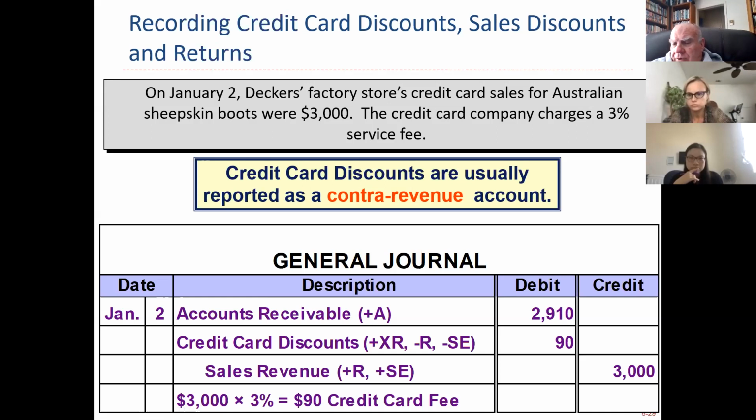Now, in order to make that $3,000 sale, yes, we had to give away $90. But it's not considered an expense. It is considered a reduction of your gross sales. It has the same overall impact as an expense, but you can't call it an operating expense.